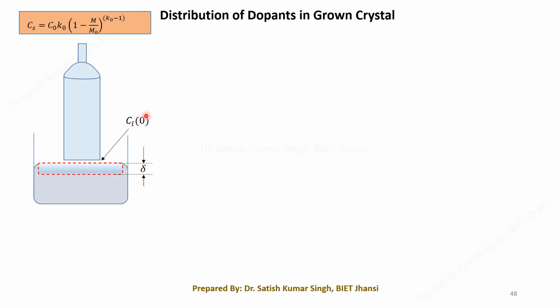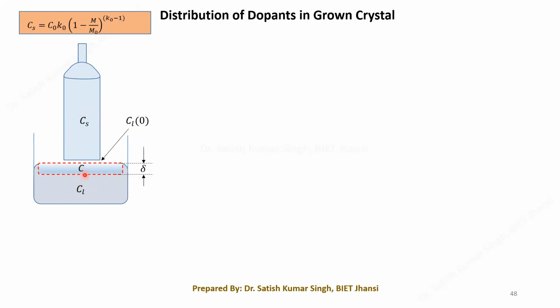So it is the concentration of the dopant in the melt at the top of the layer. Then the concentration of the dopant in the rest of the melt will be equal to Cl. And then there is the concentration of the dopant in the crystal.